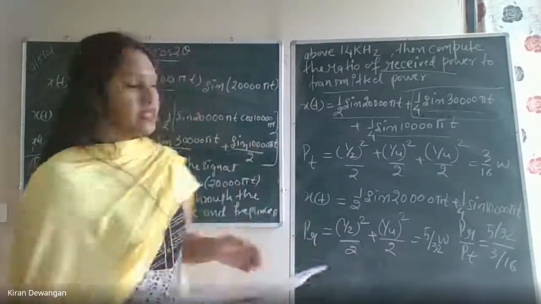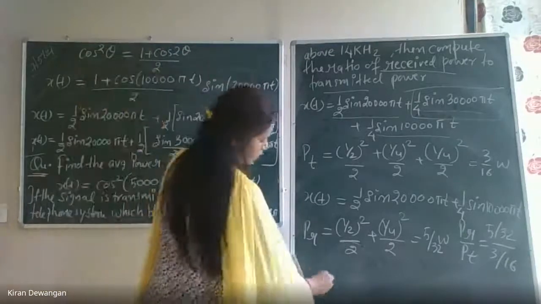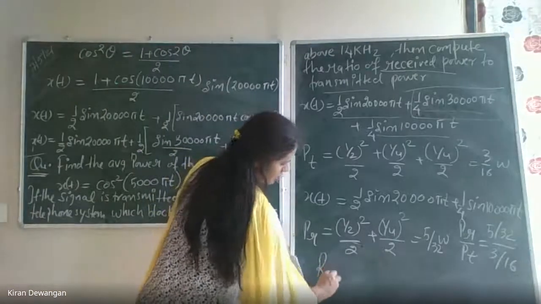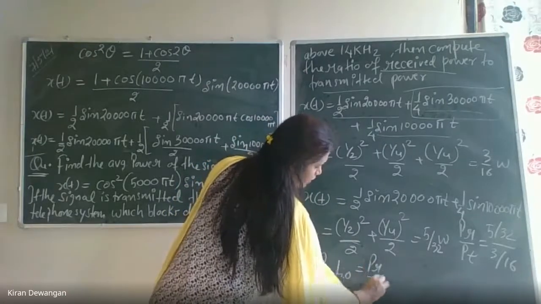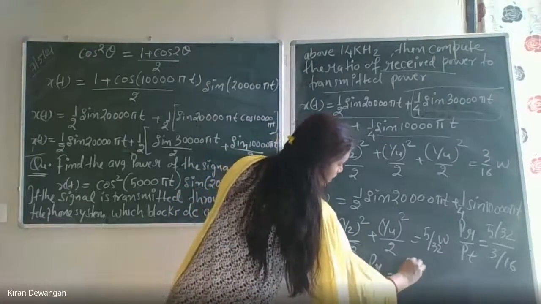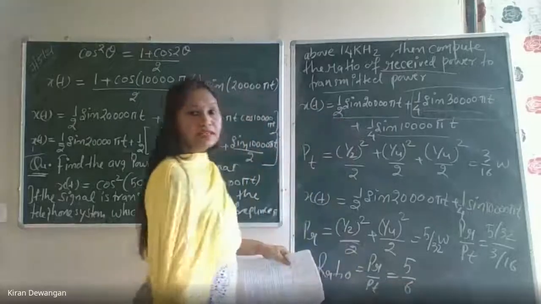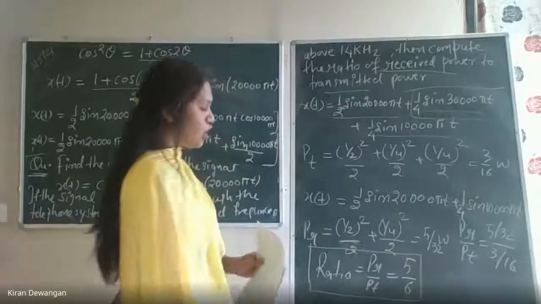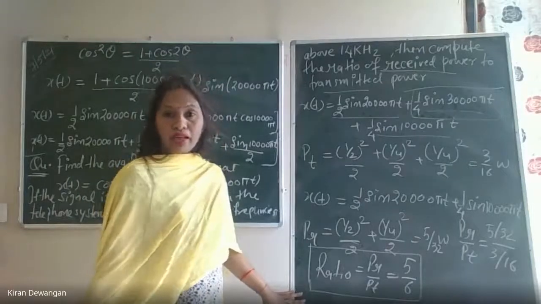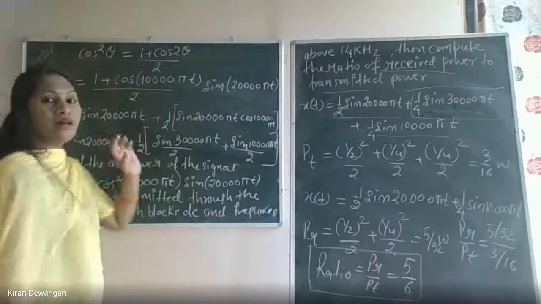Yes, it's 5 by 6, correct. So PR by PT is 5 by 6. Okay? So this is how we can solve any of our numericals based on the power given to us.